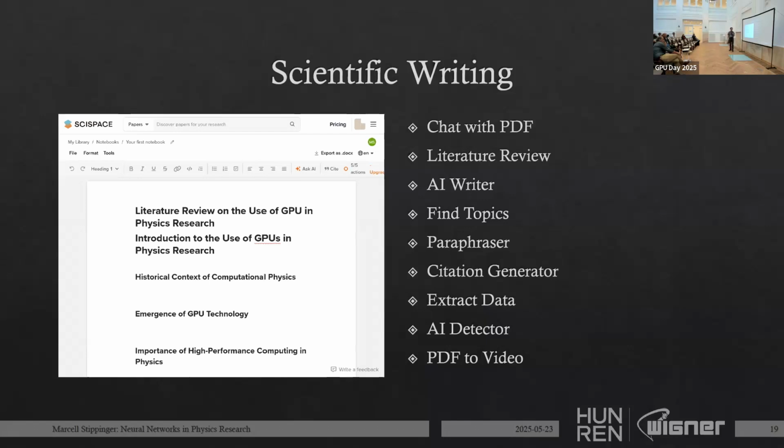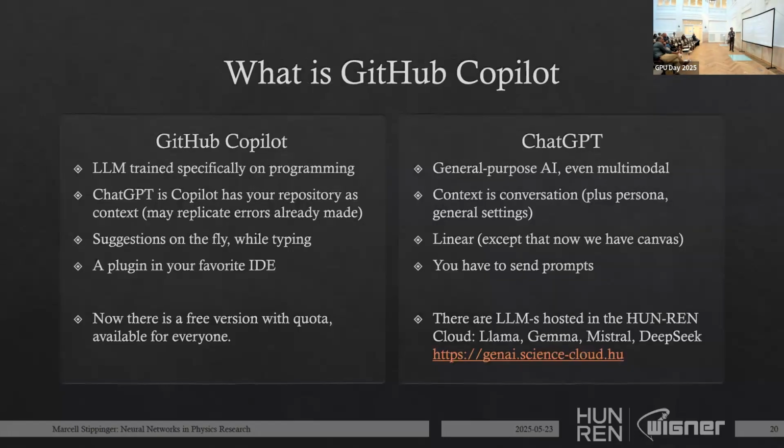So these tools exist. There are alternatives as well. And even with a single line query, you get already a structure for your proposed paper. So these tools are there. And if you don't use them, there is a risk that you can't catch up with others who embrace those tools.